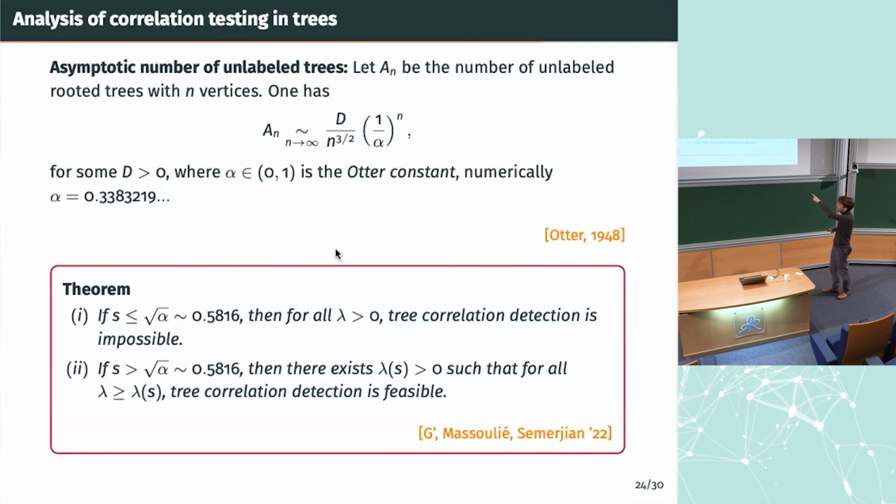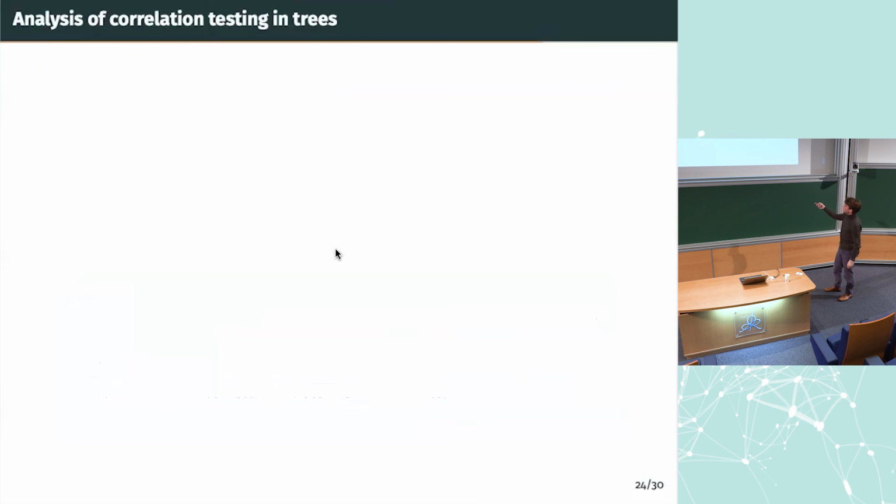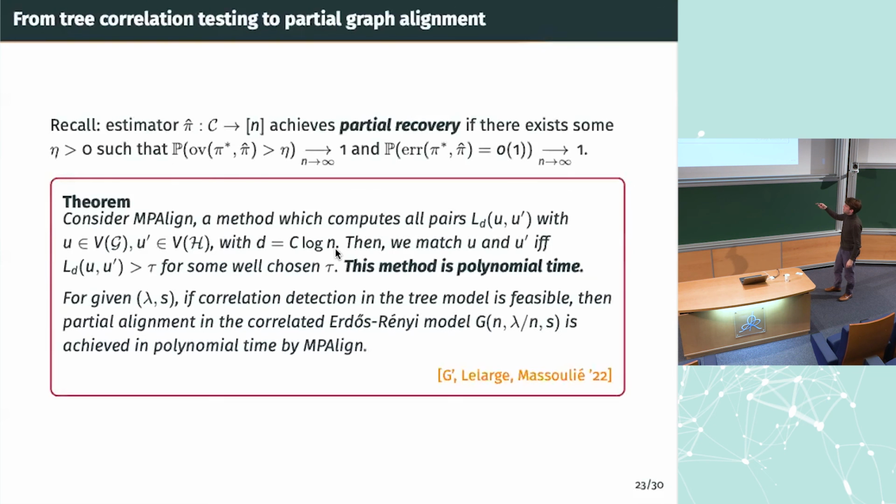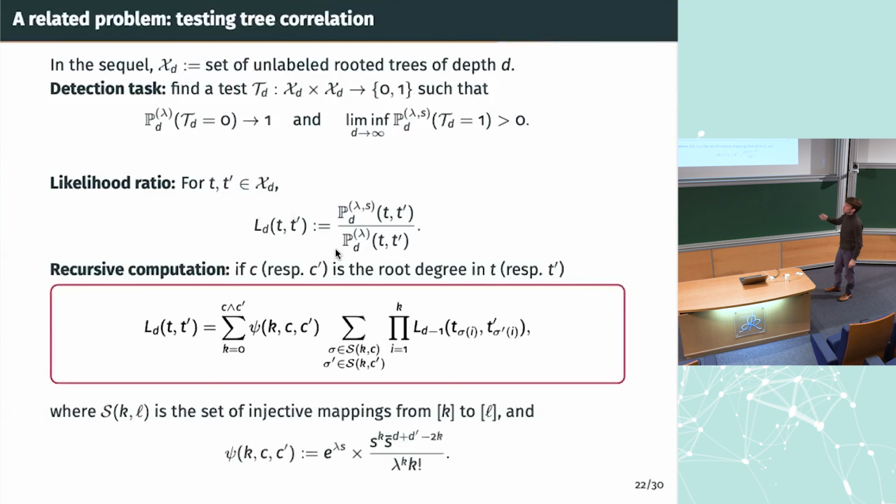Actually, in this problem there is no n. There is only a d, d being the depth of the tree, and you want this test to work asymptotically in d. The problem is this is only info theoretical, because this computation is not polynomial in d. In our case we only need d equals log n, so that's where we have an efficient method.